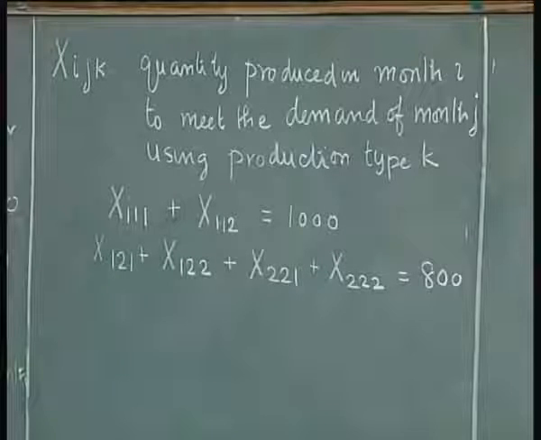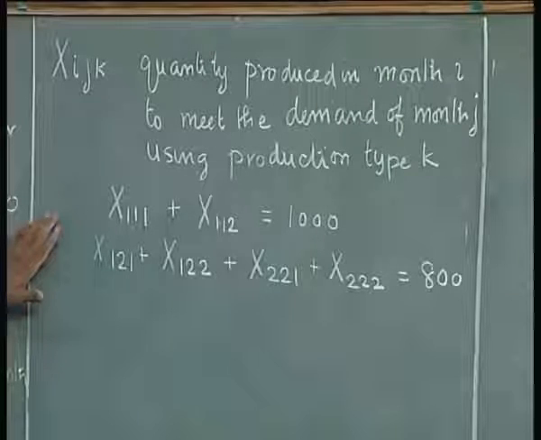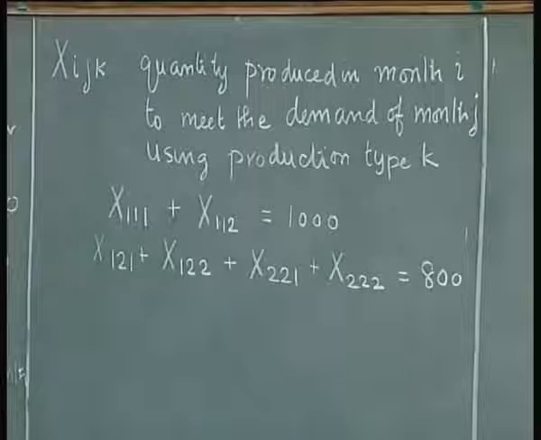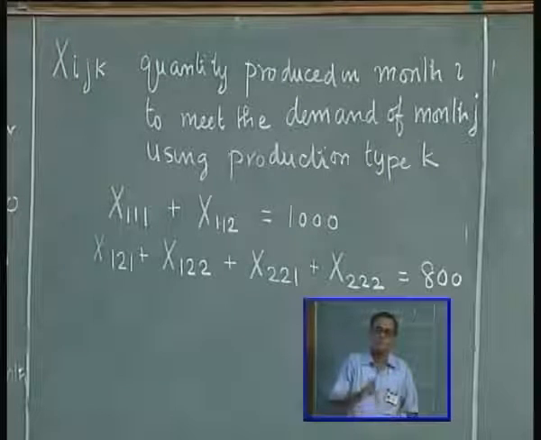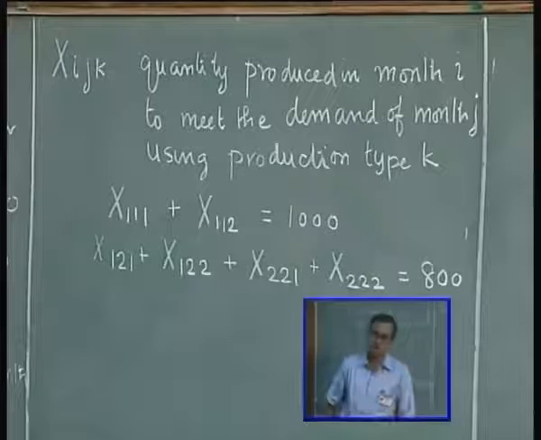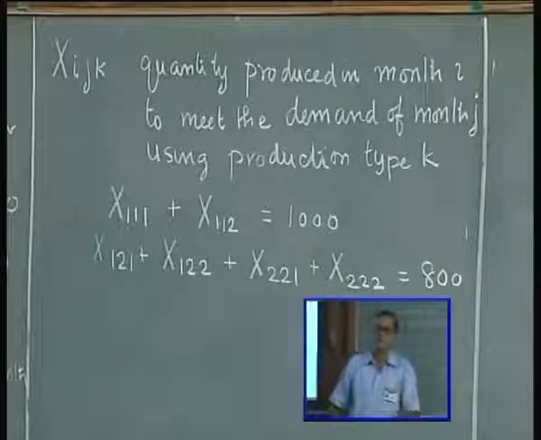Now, as far as the third month is concerned, we can meet the third month's demand in 6 ways: producing in the first month, regular time and overtime, producing in the second month, regular time and overtime, and producing in the third month, regular time and overtime.